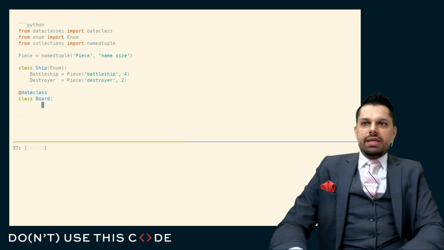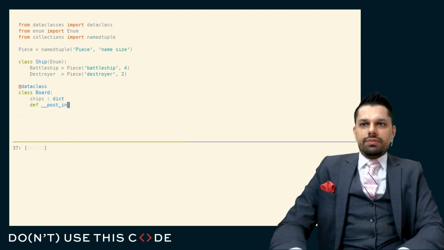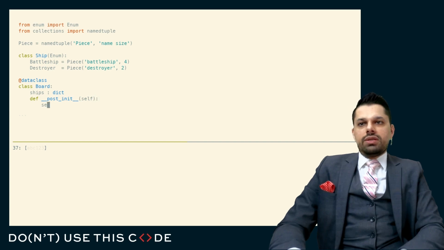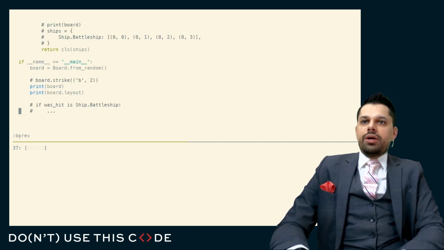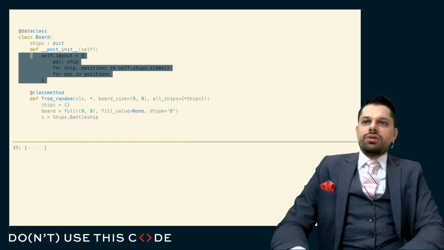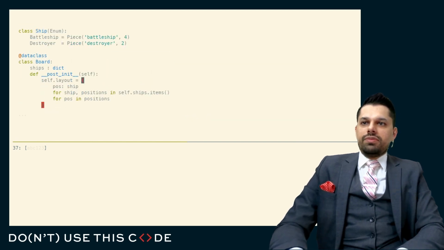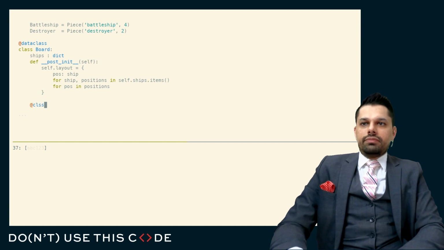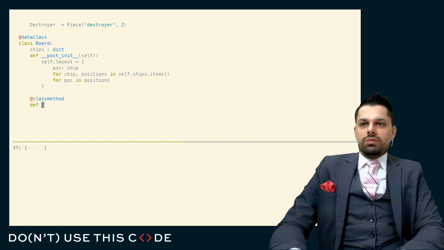And here you can see, these are the ships that we have, and that's a dictionary, and then we have our post init. And in our post init, it's largely what we had prior. It's just generating the layout given the ships, and then our from random is basically taking something.